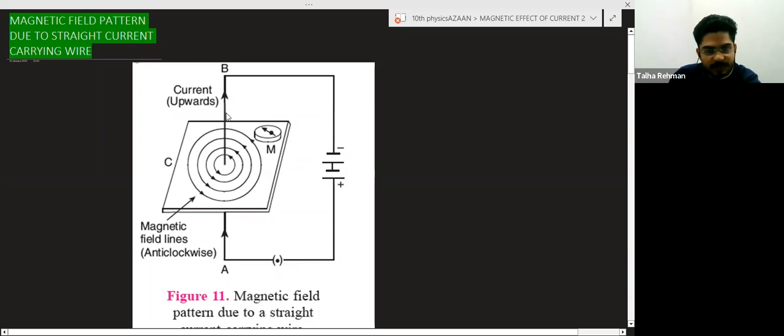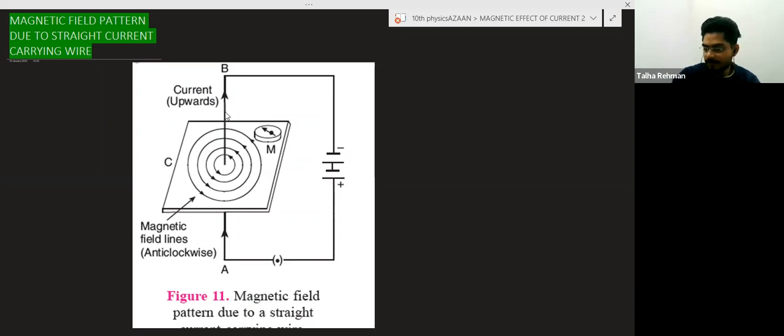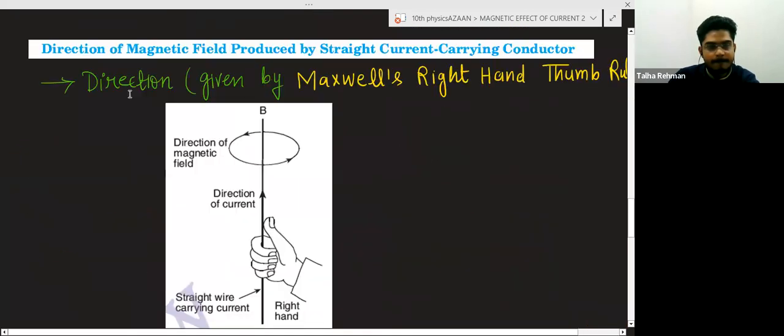If you want to find the direction of the magnetic field, then you have to apply the right hand thumb rule.